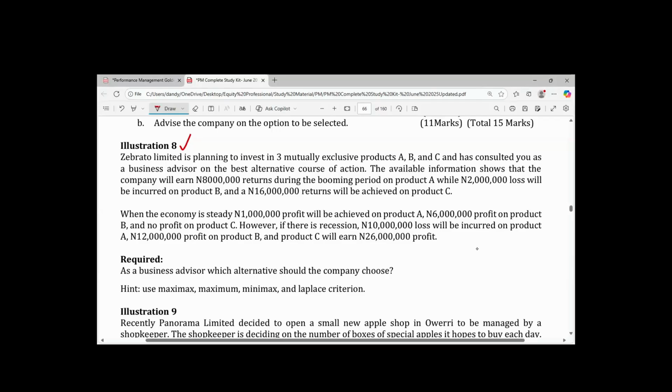The available information shows that the company will earn 8 million naira returns during the blooming period on product A, while 2 million naira loss will be incurred on product B, and 16 million naira returns will be achieved on product C. When the economy is steady, 1 million naira profit will be achieved on product A, 6 million naira profit on product B, and no profit on product C. However, if there is a recession, 10 million naira loss will be incurred on product A, 12 million naira profit on product B, and product C will earn 26 million naira profit.